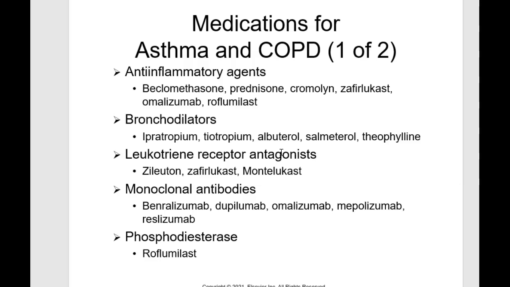The zafirlukast is Accolate, and so that is also used as a maintenance for chronic asthma in adults and children 5 and older. Again, it works a little different, in that it causes the reduced infiltration of the inflammatory cells, so you have less bronchoconstriction. It's administered orally. Can cause headache and GI disturbance.